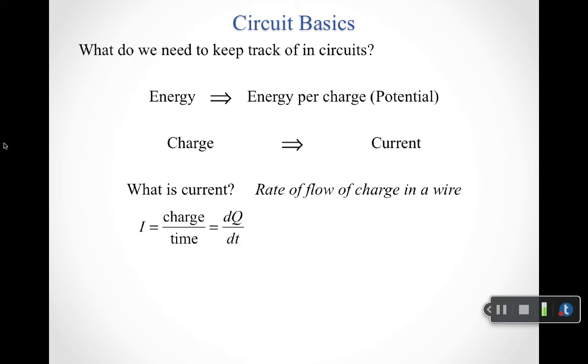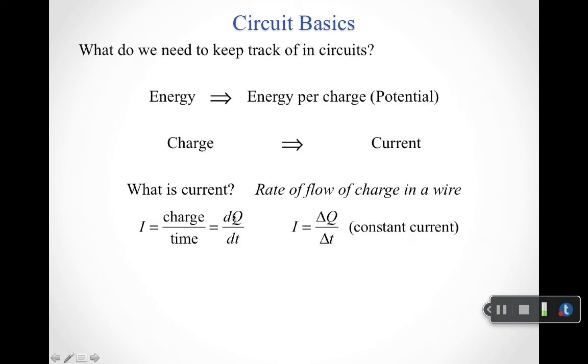Our definition for current is, again, basically the charge per time that flows past, right? So if we want a rate, well, this is a rate with respect to time. So the instantaneous current is given by dq/dt, just keeping track of how much charge goes by, its rate in time.